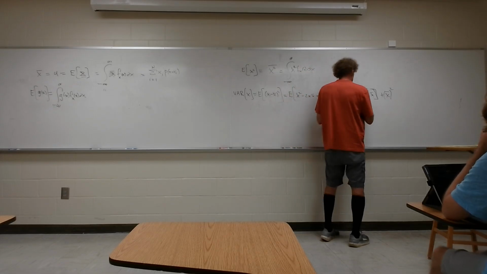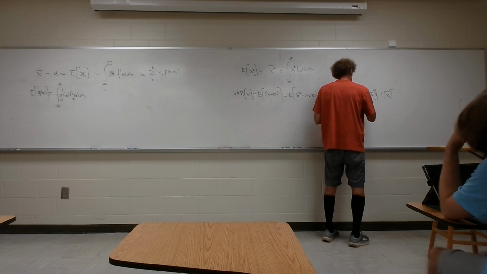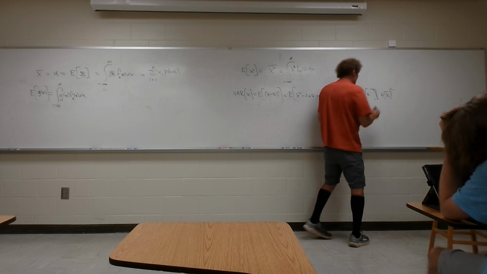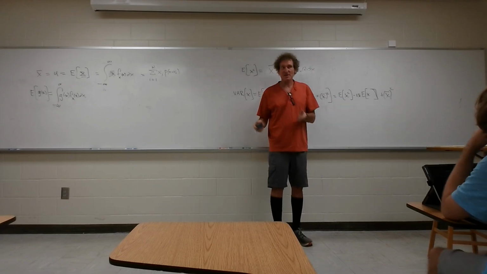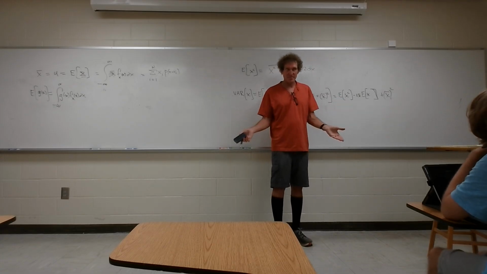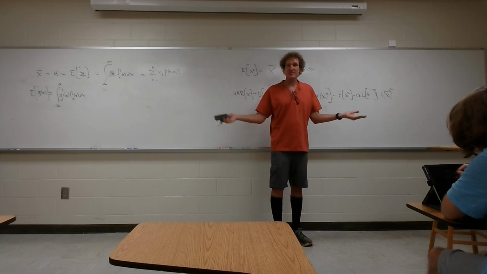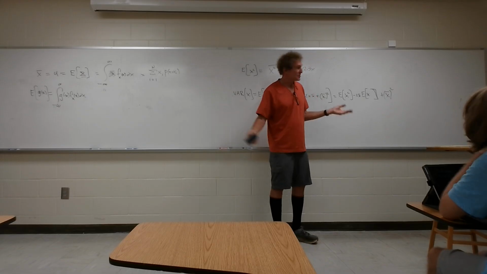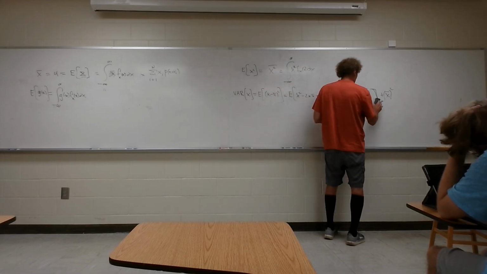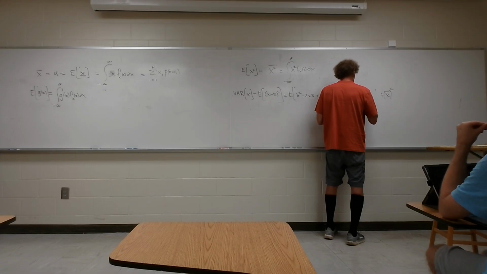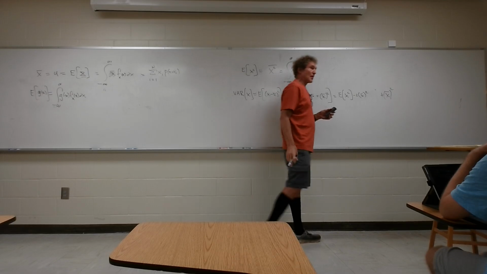And that means this is minus 2 x bar times the expected value of x. What is the expected value of x? X bar, it's the mean value. Can you all see that? So this means this part is just going to be x bar squared. Can you follow me on that part?